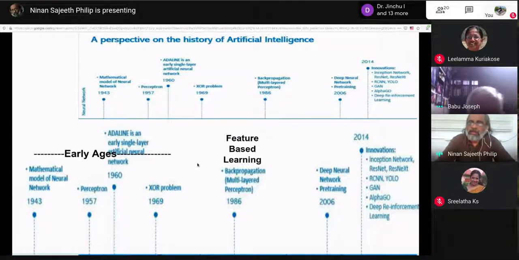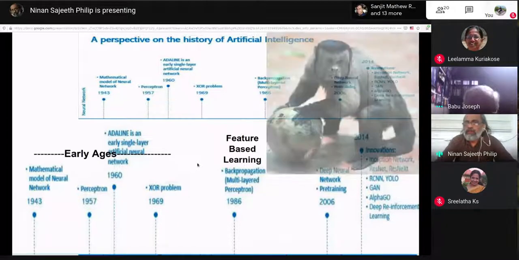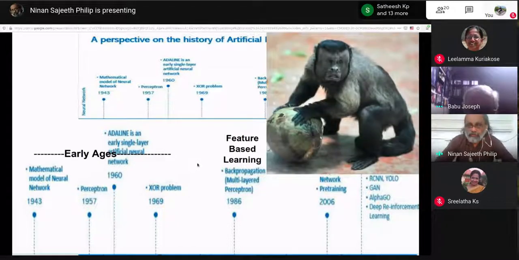What it means is that if you have a set of features that can be used to classify a set of objects, then these machines are able to learn by themselves how to separate them into different classes and tell you which belongs to which class. Just to illustrate what I mean by a feature, look at this picture.